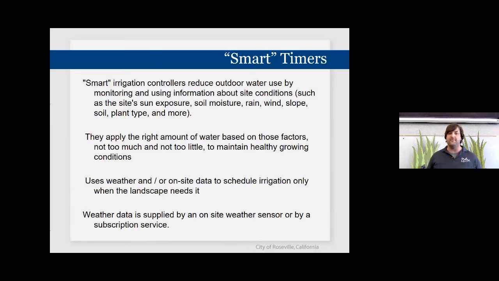They apply the right amount of water based on those factors, not too much, not too little, to maintain healthy growing conditions. And it uses weather or on-site weather data to schedule irrigation only when the landscape needs it. And the weather data is supplied by either the on-site weather sensor, those little rain sensors and such, or by a subscription service, which these days is usually free for most of these smart timers.